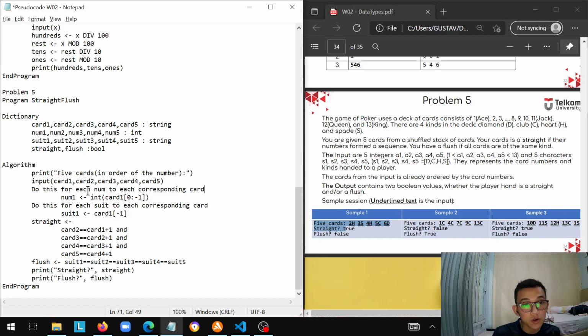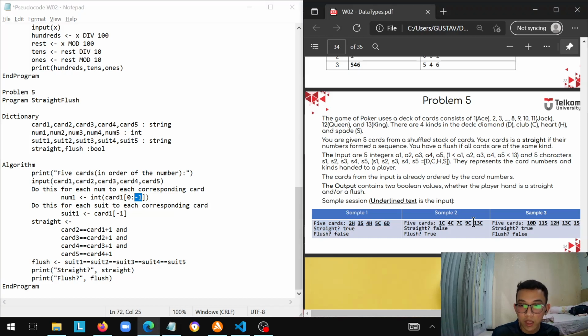You need to do this for each corresponding card. Now here I have number 1, and it's going to be the string of the input minus the last index of the card.